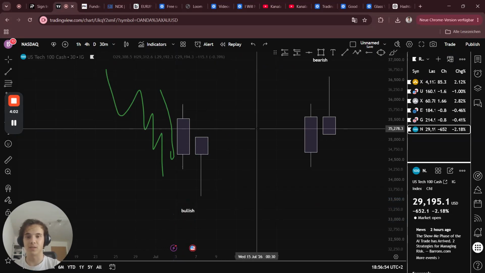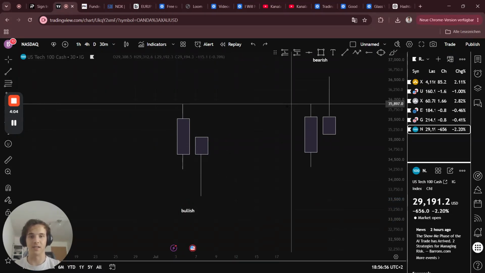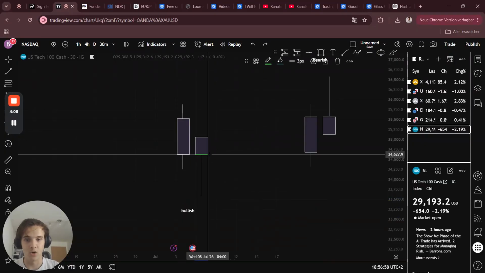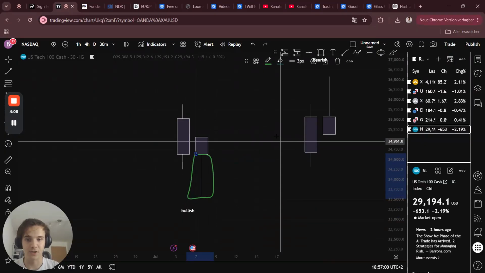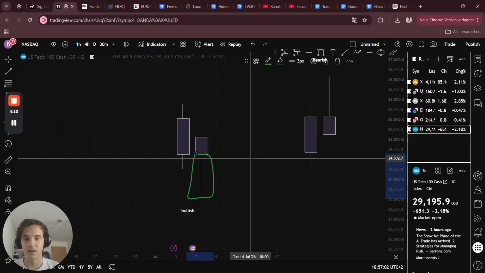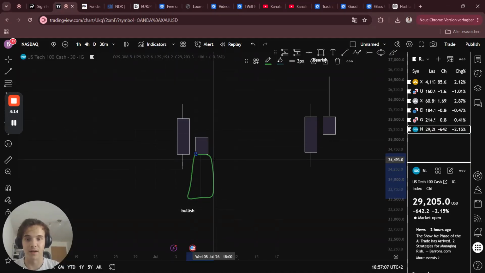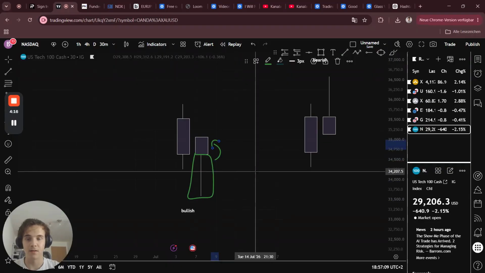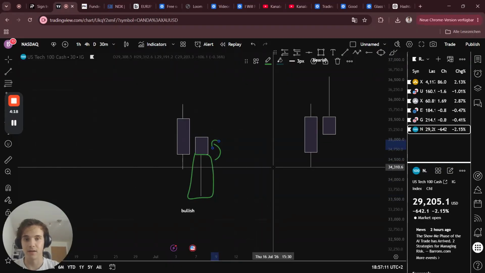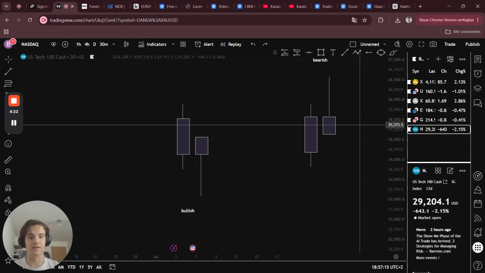What is special about these candles is that these candles have a really large wick. And the wick is always bigger than the candle body. This is the significance of the pinball candle.